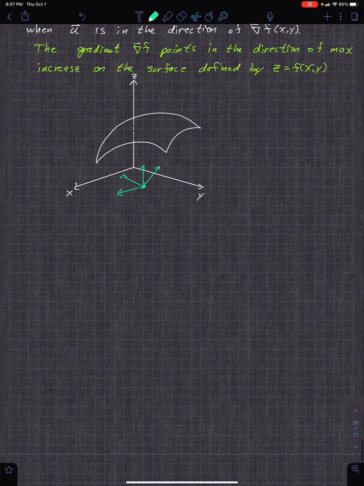You have the different values of u, and u is just a vector in the xy plane. The maximum one is going to be your gradient. So let's just suppose it's this one. If you do the gradient of f, then you go up to the surface, and in that direction is the maximum. So that might be the maximum, or steepest. You can think of it as the steepest ascent.